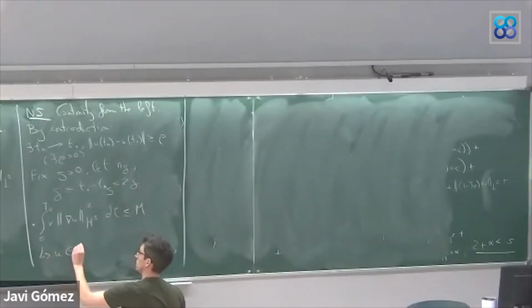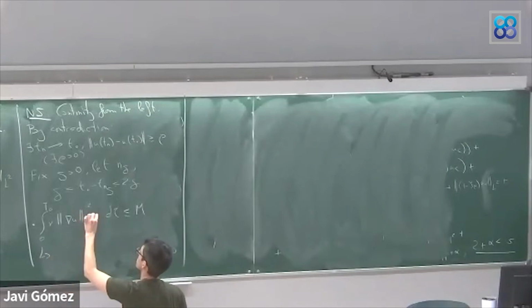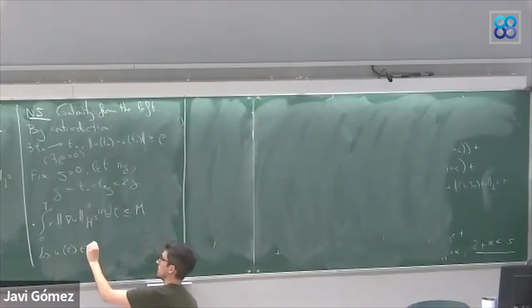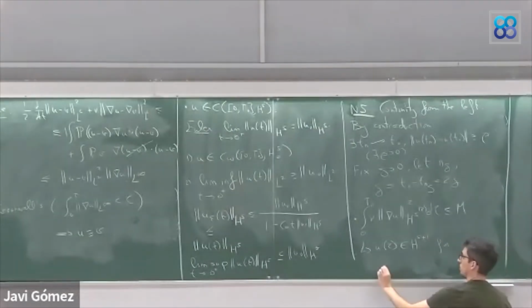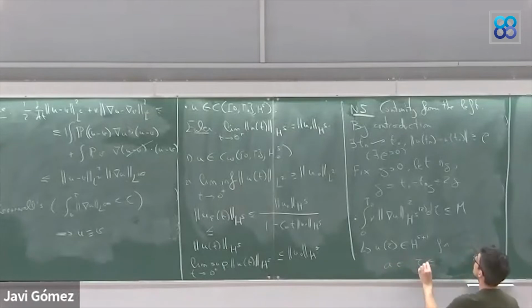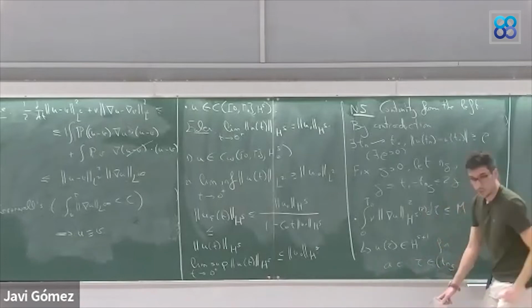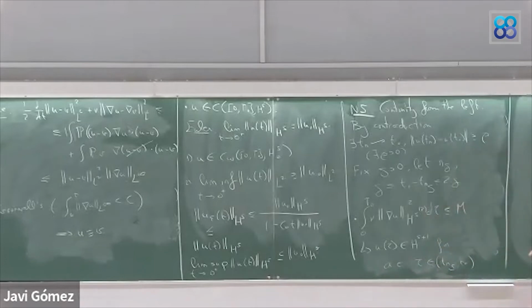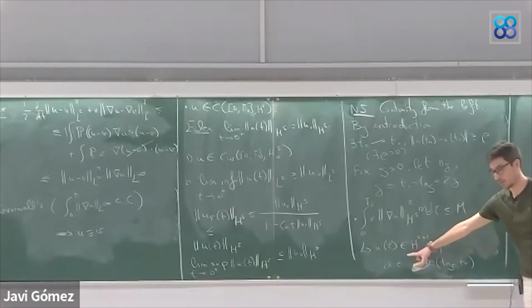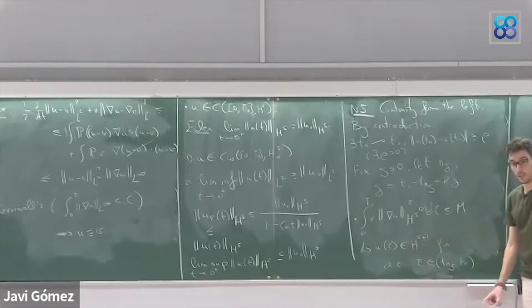So u at time tau is in Hs plus 1 for almost every tau in this time interval, for example, t_n and delta, T0. So let's choose one of these tau for which this holds and repeat the whole argument.